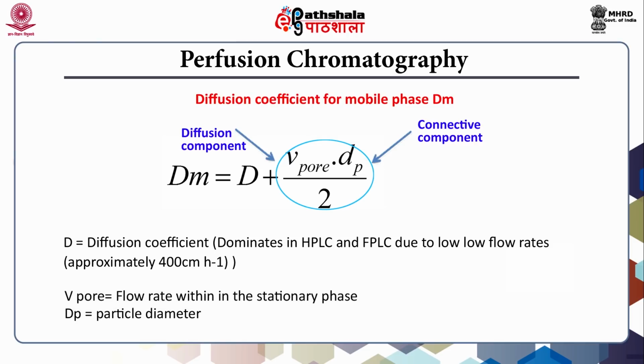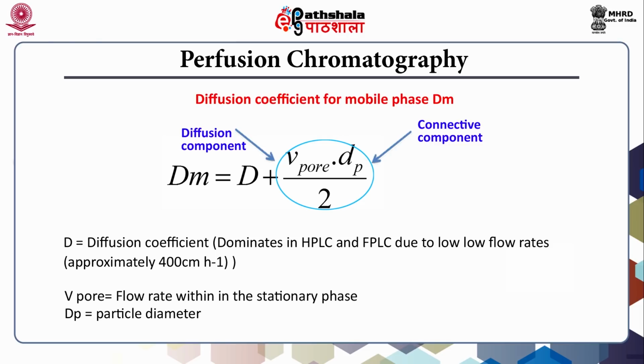Here V pore means the flow rate within the stationary phase, and dP means particle diameter. The first term, capital D, is called the diffusion component, and it dominates in HPLC and also FPLC due to low flow rates. The connective component is V pore multiplied by dP divided by 2.